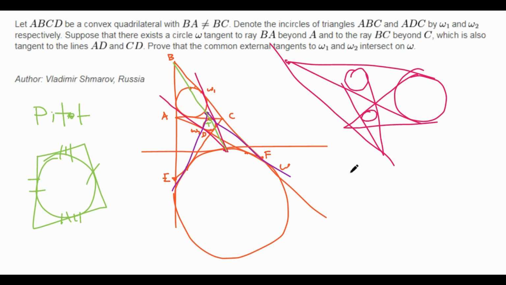So in fact, it's BE plus DE equals BF plus DF.